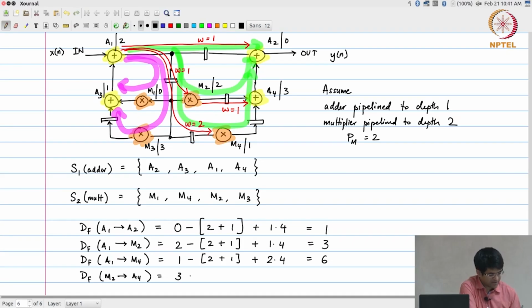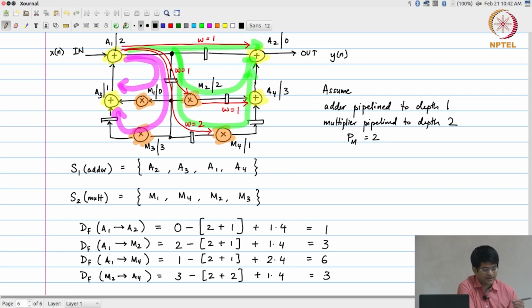It is at 3. What time does M2 complete? It is scheduled at 2 and it has a pipeline latency of 2. So, 3 minus 4 plus 1 into 4. So basically it becomes 4 minus 1 is equal to 3.